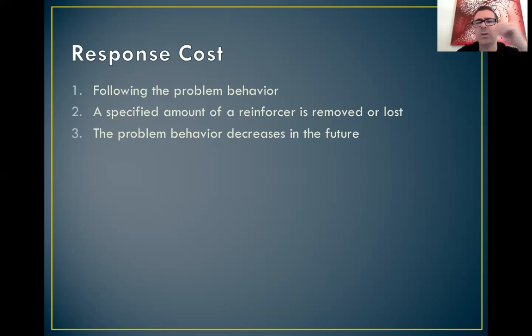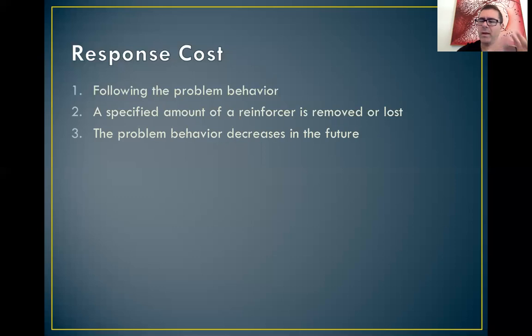So with timeout, you have problem behavior, then the individual is removed from the reinforcing environment, and here the reinforcer is removed from the individual. In a sense, the individual is experiencing a net loss of reinforcement in both response cost and timeout, and that is essentially what defines negative punishment, right?